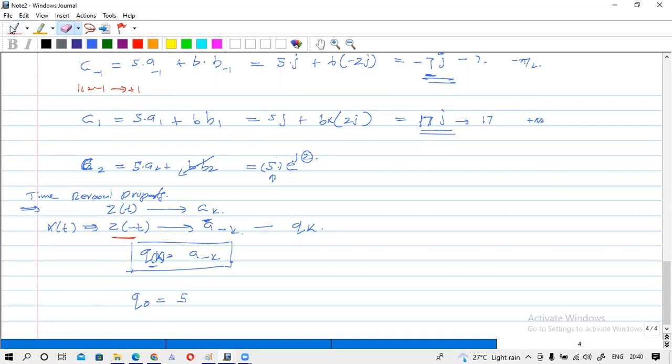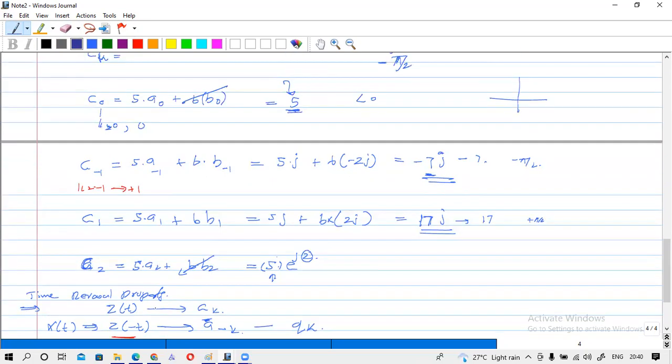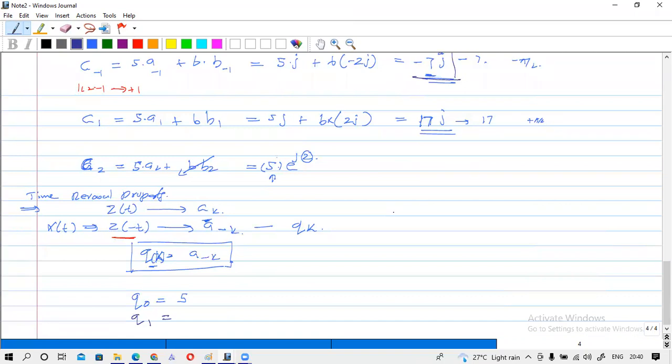And q1 is the value for k equal to minus 1, that is minus 7j. So here you have q1 as minus 7j.